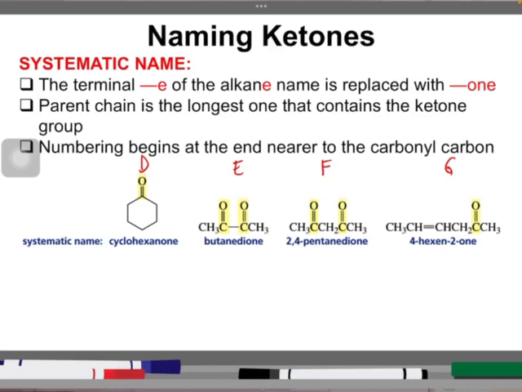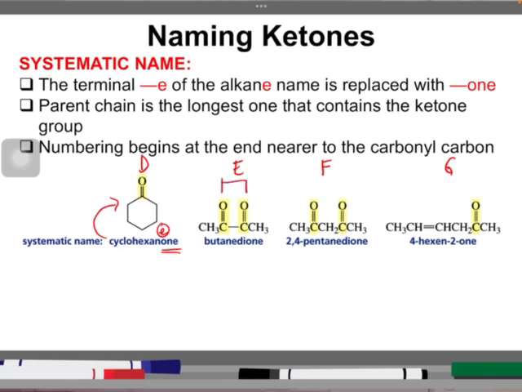So, siya ay cyclohexane talaga siya. Cyclohexane siya. We drop the E and then we add the one. So, that's why the name is cyclohexanone. Okay. For letter E structure naman, yung kakaiba dito ay yung presence ng dalawang carbonyl groups natin at magkatabi sila. So, kung natatandaan ninyo sa ating mga namings, di ba?